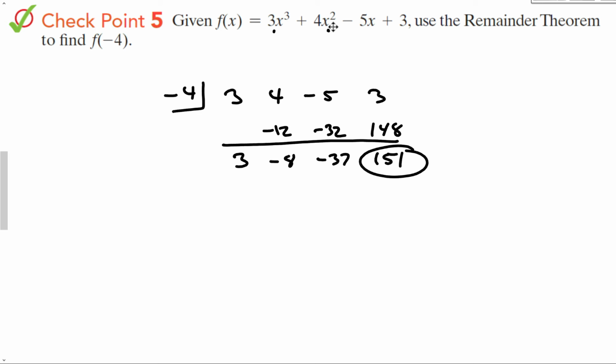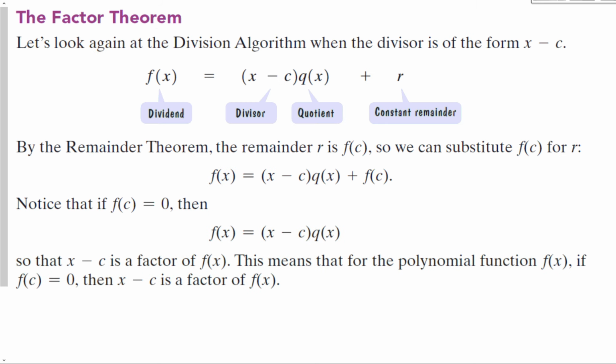Okay. Next is something called the factor theorem. So let's look again at the division algorithm when the divisor is of the form x minus c. So we've seen this a couple times already. My dividend equals the divisor times the quotient plus the remainder. By the remainder theorem, the remainder r is f of c. So I can replace this r with f of c.